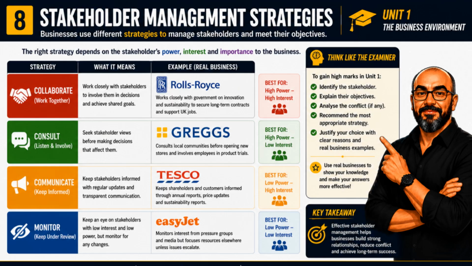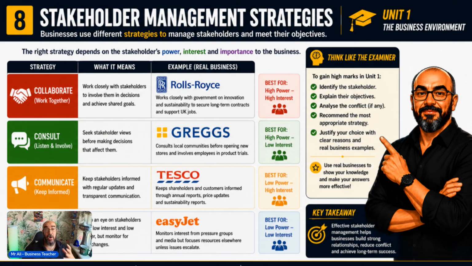Let's think like an examiner. So to gain those high marks in Unit 1, identify the stakeholder, explain their objectives, analyze the conflict if there is any, recommend the most appropriate strategy, and then justify your choice or choices with clear reasons and real business examples. Okay, really, really critical here, guys. I can't underemphasize, and I really want to overemphasize the importance of this.